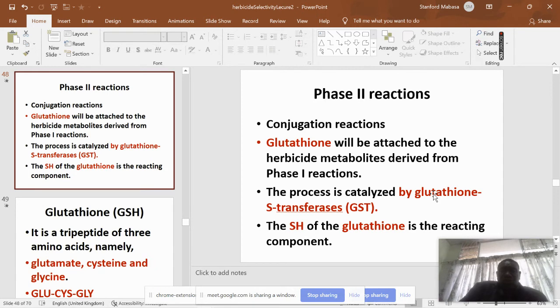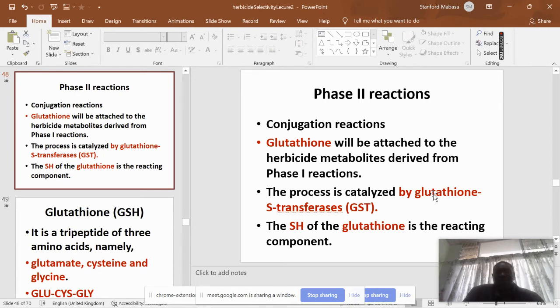Now in phase 2, we have what are known as conjugation reactions. Let me just highlight at this point that I am going to talk about the activity of glutathione.